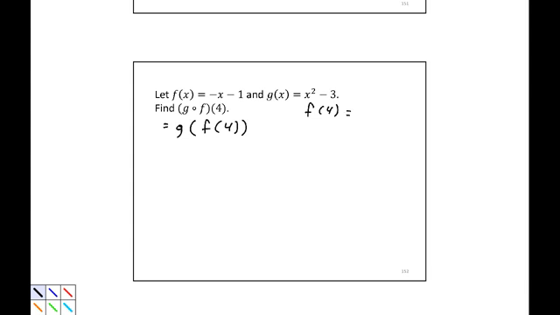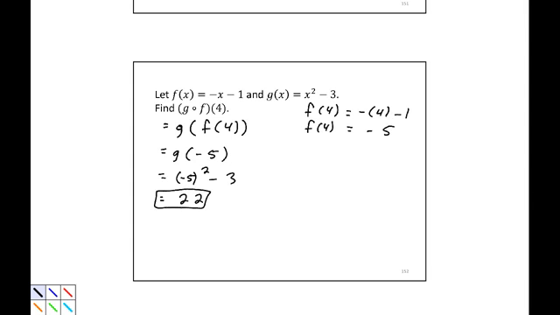So f of 4 would be negative 4 minus 1, which would be negative 5. So let's replace f of 4 with negative 5, and evaluate that in g of x, which is x squared minus 3. So negative 5 squared is 25, minus 3 would be 22. So our output is 22.